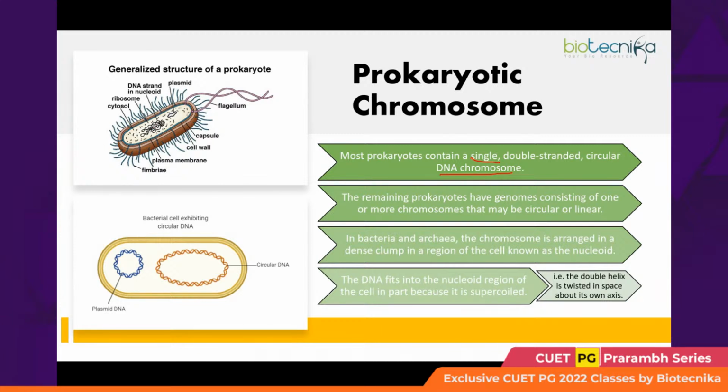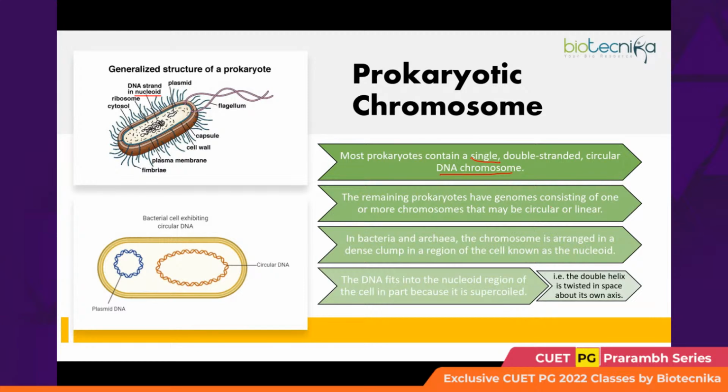Inside the cytoplasm, prokaryotes do not have any membrane-bound organelles, so whatever is present is directly in the cytoplasm. DNA is not enclosed in a nuclear membrane as we see in eukaryotes, but in prokaryotes it is present in a condensed region called the nucleoid. Most prokaryotes have only one circular double-stranded DNA as their genetic material.